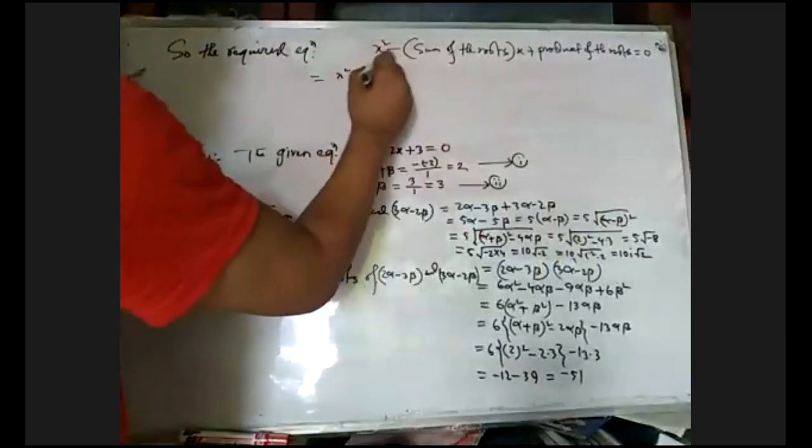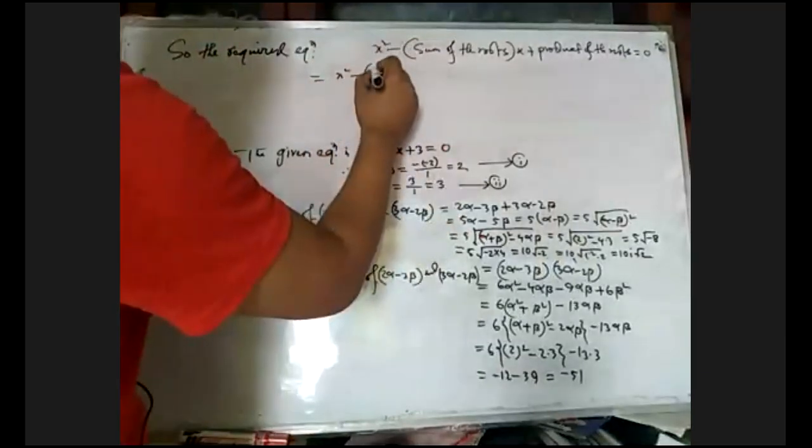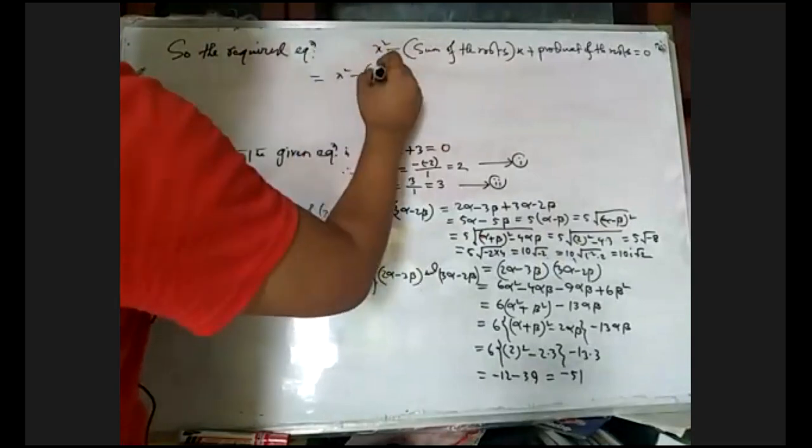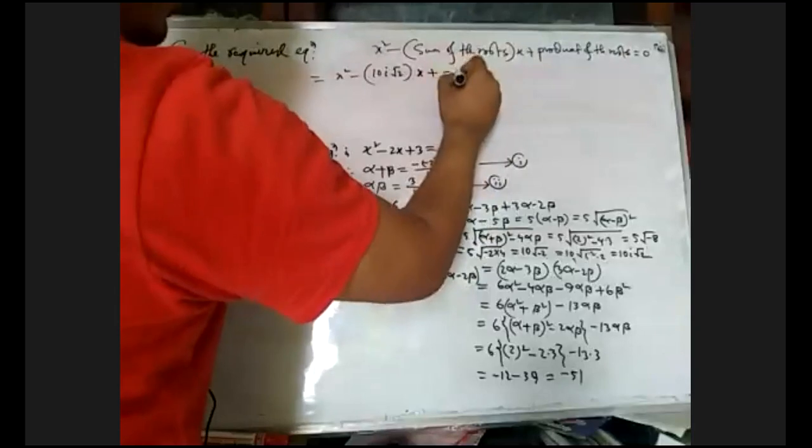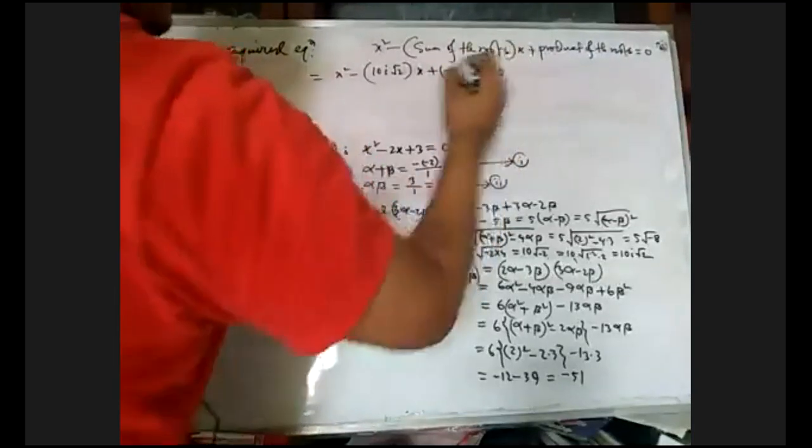So x square minus sum of the roots, what? 10 root 2, into x plus product of the roots, what? Minus 51 equals to 0.